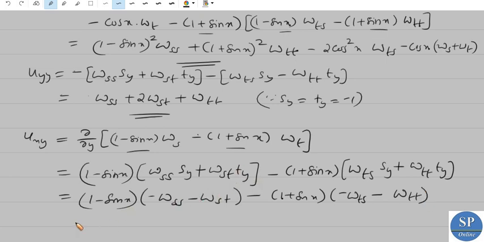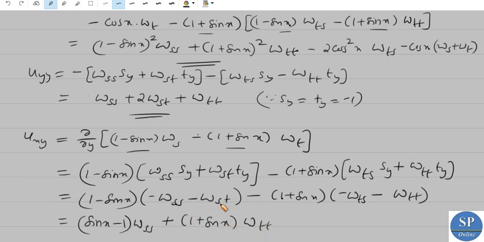So this is equal to wss into 1 minus sin x minus 1, right? So from this we get sin x minus 1 into wss. So coefficient of wtt is 1 plus sin x plus 1 plus sin x into wtt.